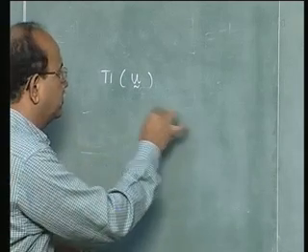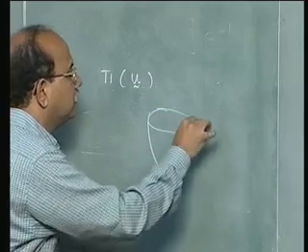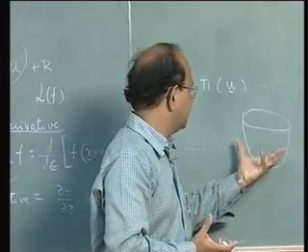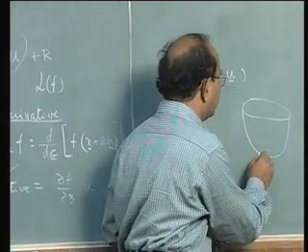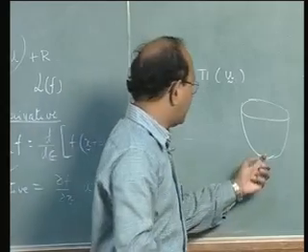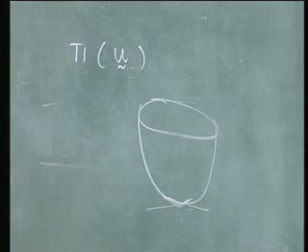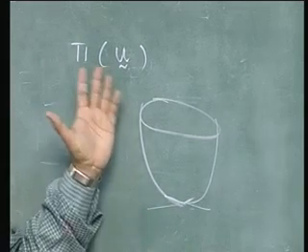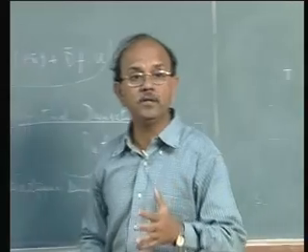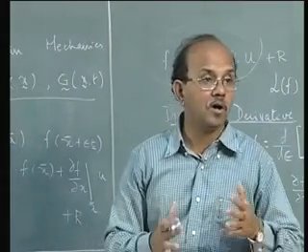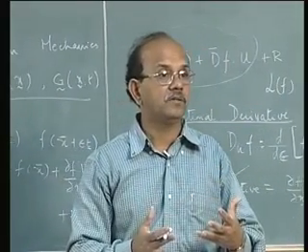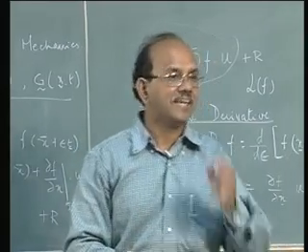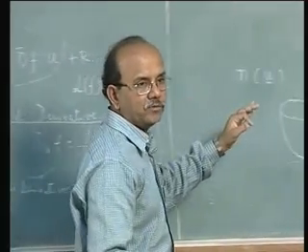For example, this functional may be something like a vessel like this. So in whatever direction I move, perpendicular to this plane or so on, this function has to be minimum, or the directional derivative, whatever be the direction, should be equal to 0. Hence the importance of the directional derivative or Gateaux derivative.